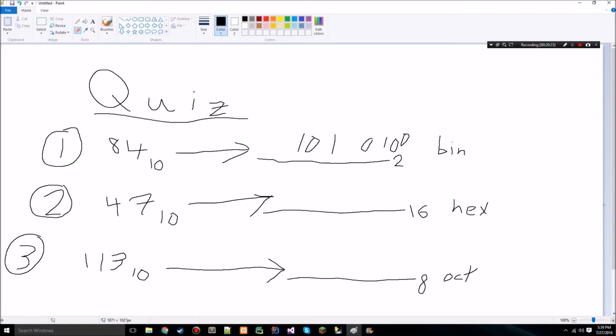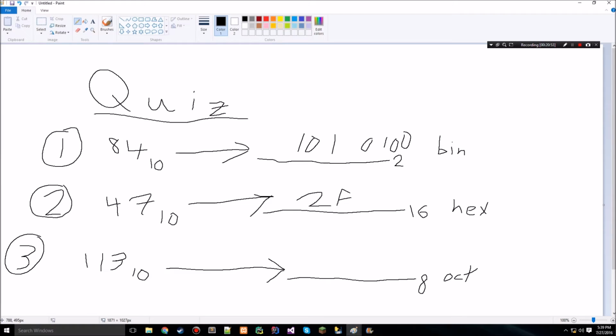But the answer is either with the extraneous 0 in the beginning, 0101 0100, or 101 0100. I'll just leave it like that. Kind of long, so let's do that. Number 2, the answer is 2F.